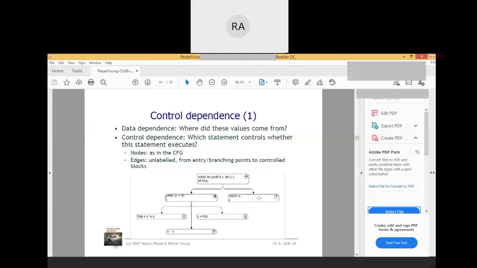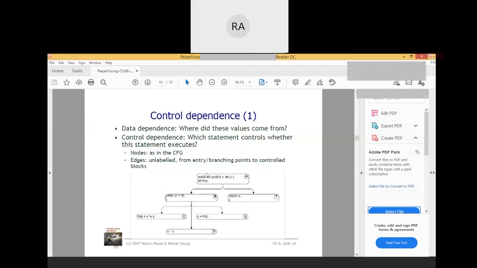There is an arrow from entry to the exit points. It gives you an overview of the execution, whether a particular block under consideration is going to decide the execution of the next block. That will be analyzed using the control dependency graph.